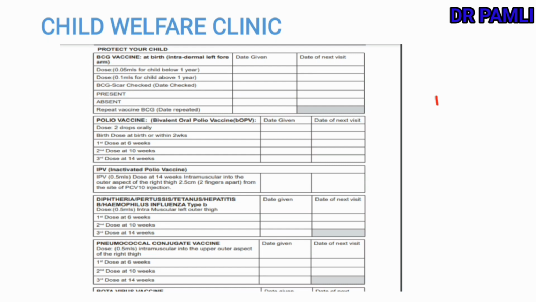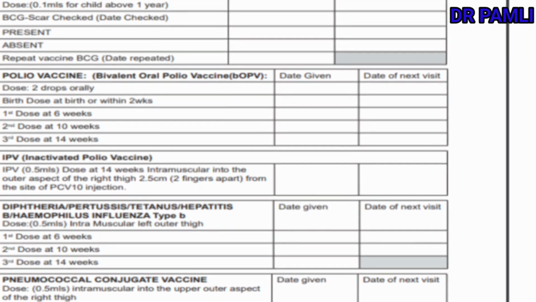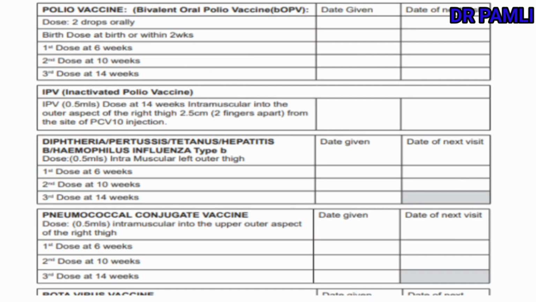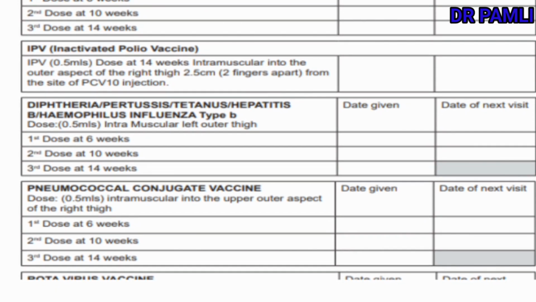Now, child welfare clinic in prevention. This is very, very important because there are target organisms we are looking at. We have the pneumococcal conjugate vaccine that is given at 6 weeks, 10 weeks, and 14 weeks. It's very, very important to prevent pneumonia in children.